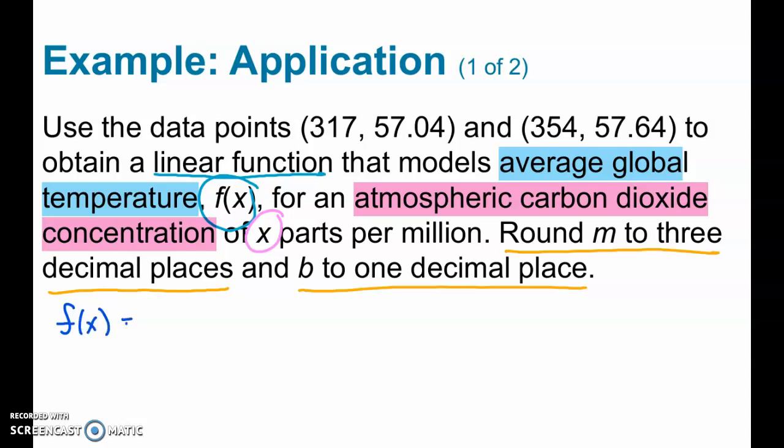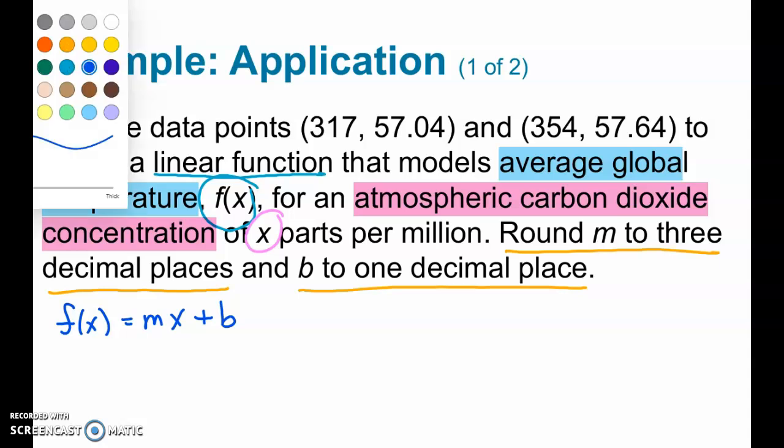A linear function takes this form. Now, could you write y equals mx plus b? Yes. Could you write it with the f of x? Yes. Pay attention though, in my math lab, if they use f of x, then they want your answer written with f of x. So what are these two things?